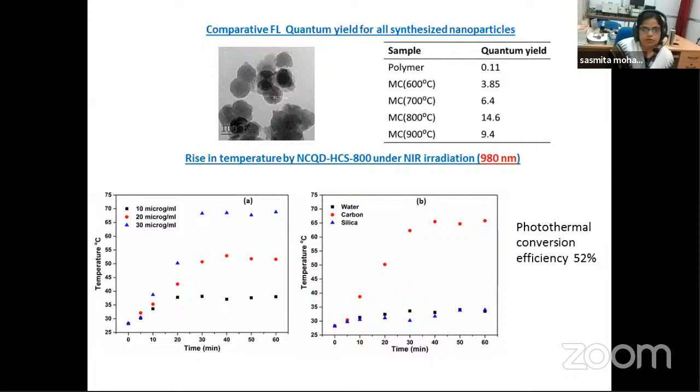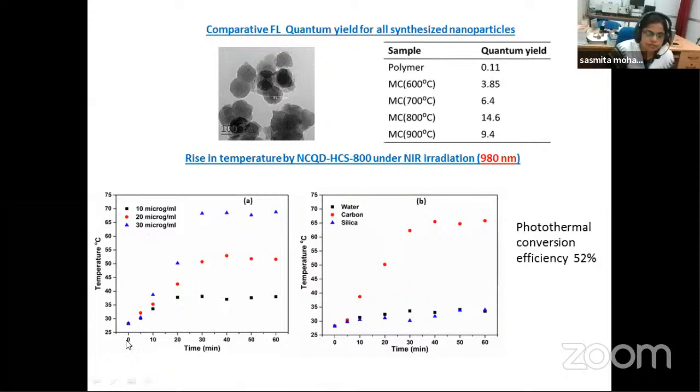Normally it goes beyond 200, 400 like that, but within a nano dimension, a spherical particle with uniform size is really challenging. We took a long time to prepare this particle, and these are also fluorescent. We have seen under visible as well as NIR radiation that it emits green fluorescence.